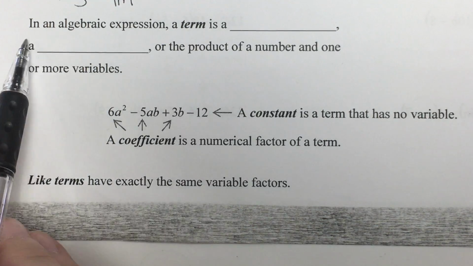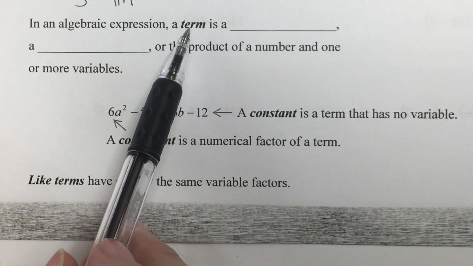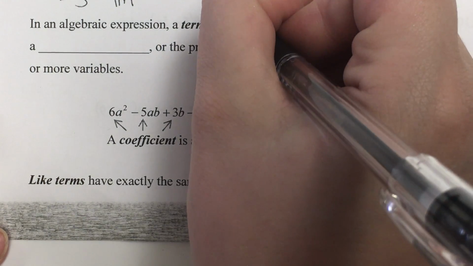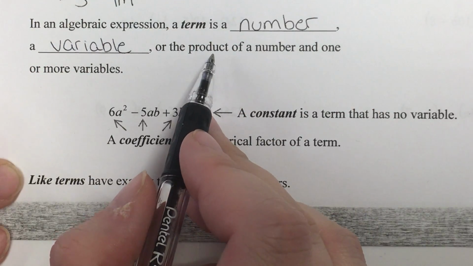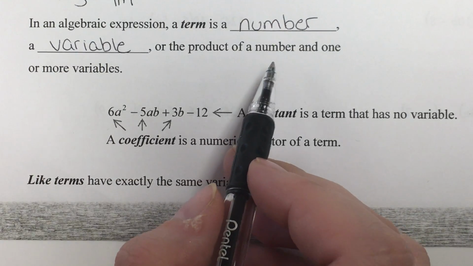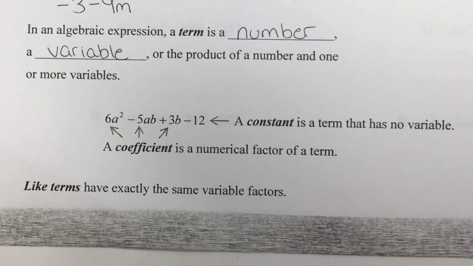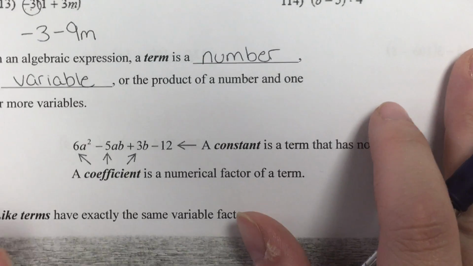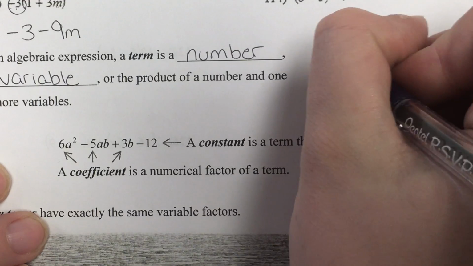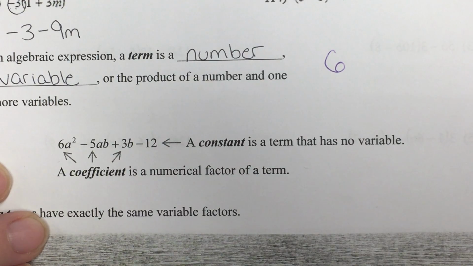So, in an algebraic expression, a term is a number, a variable, or the product (product means multiply) of a number and one or more variables. So, for example, a term could be 6 because it's a number.